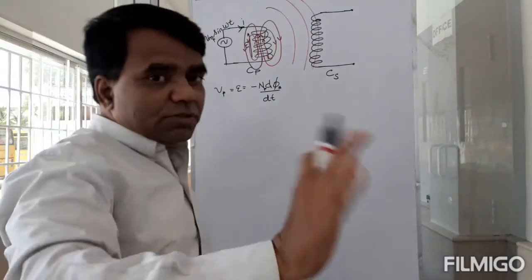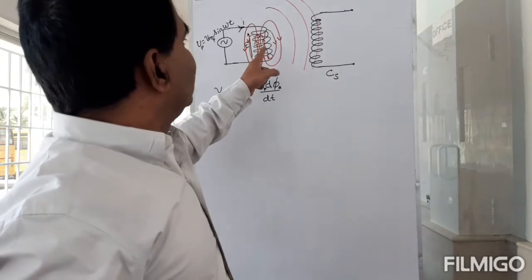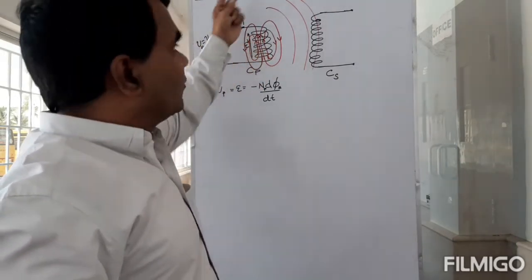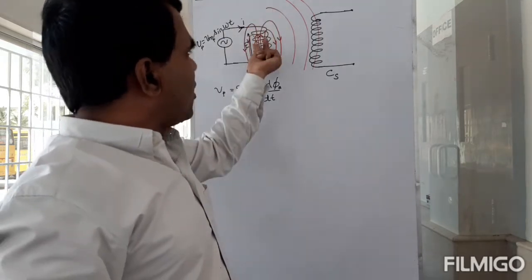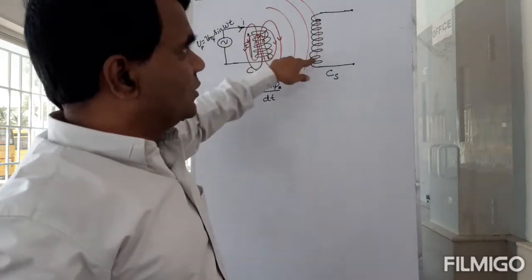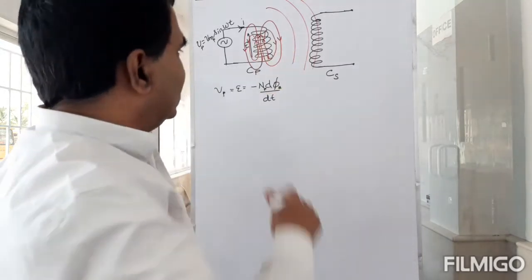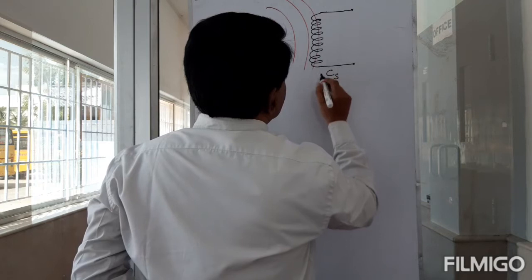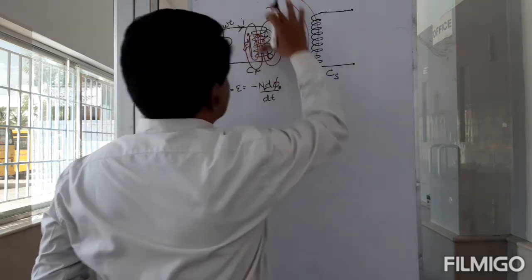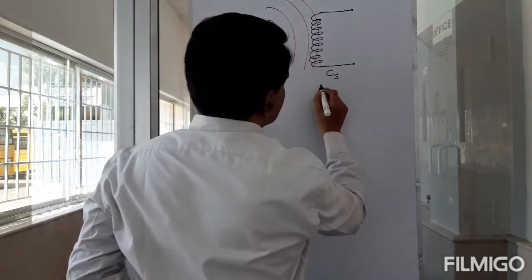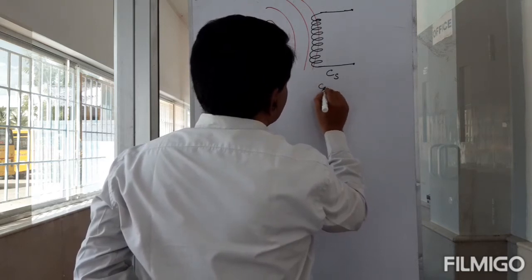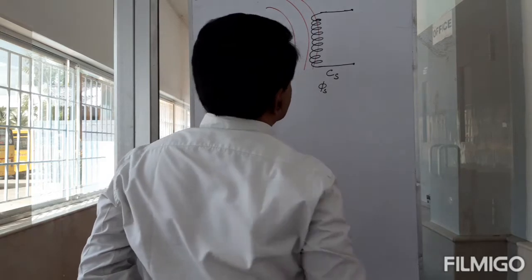So what is going to happen now? Because this current is changing, the flux will be changing, and part of that flux goes through this coil. Maybe this is phi_B, the total flux, and this I'll call, say, phi_ES.